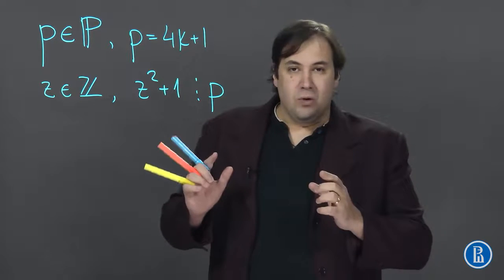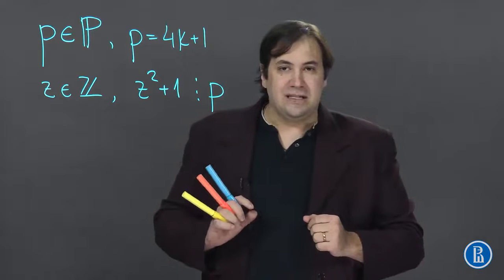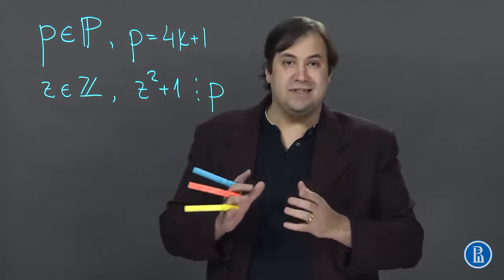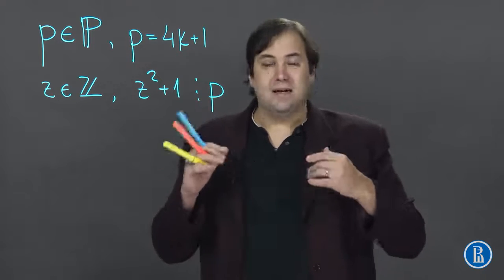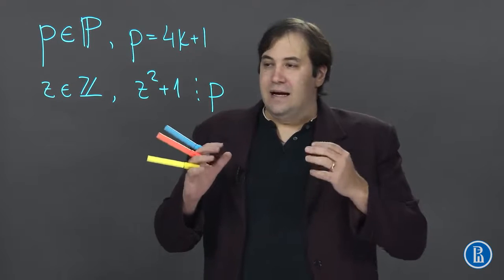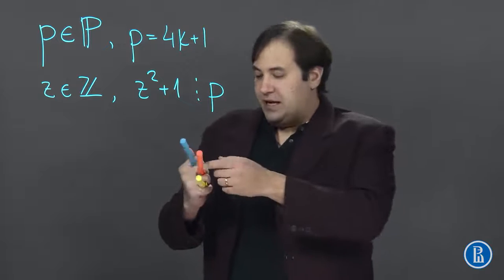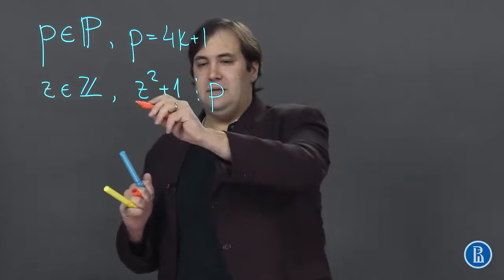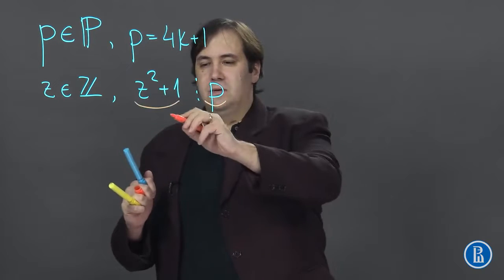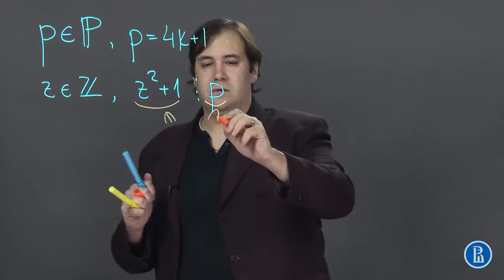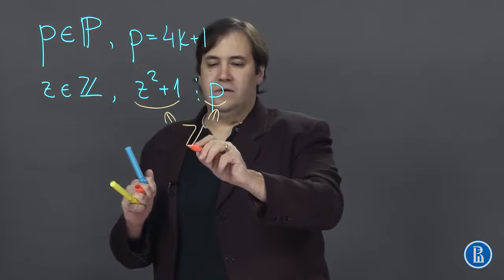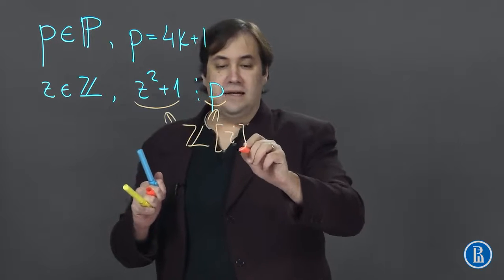Let's consider both these integers as complex integers. Well, since they're real integers, they're automatically complex integers. And let's write that these two belong to the ring of complex integers.